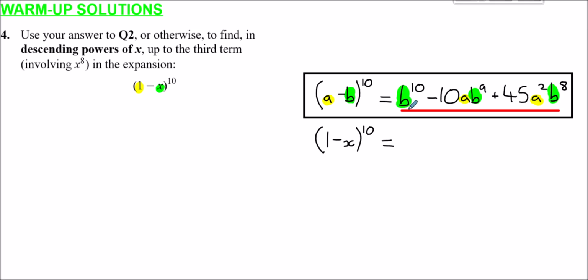That's going to be b to the 10, which is x to the 10, minus 10 times 1 times x to the 9, so just minus 10x to the 9. Then here plus 45 multiplied by 1 squared, 45 times 1, which is just 45, b to the 8, which becomes x to the 8.